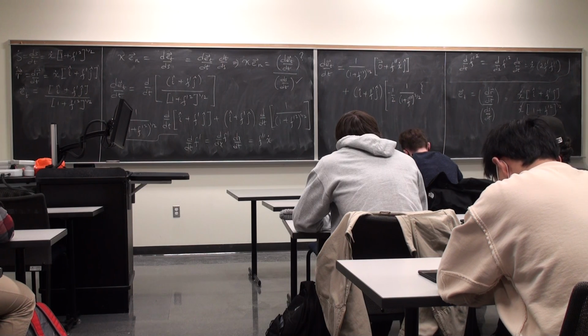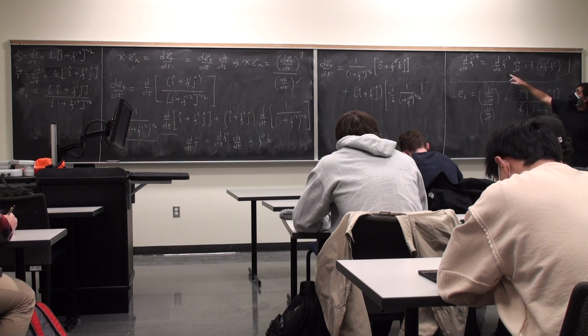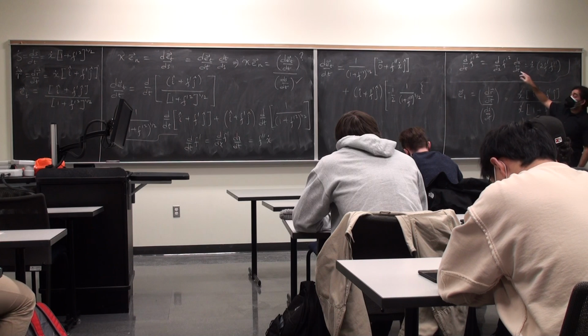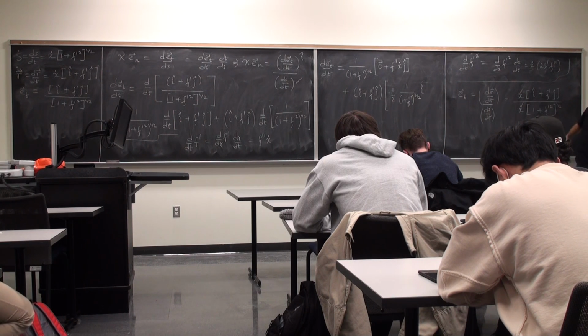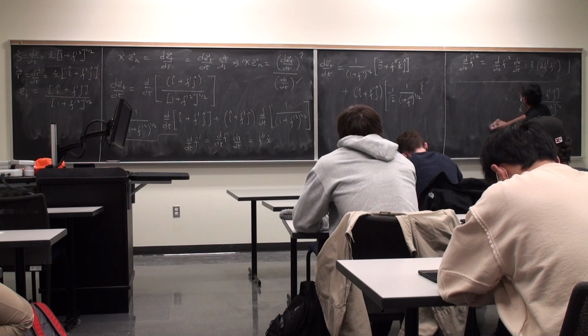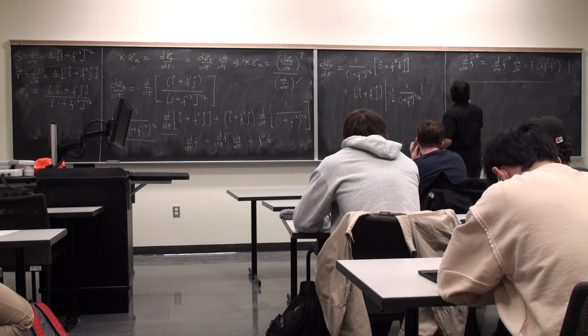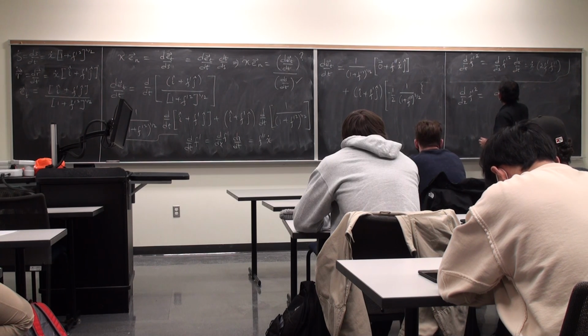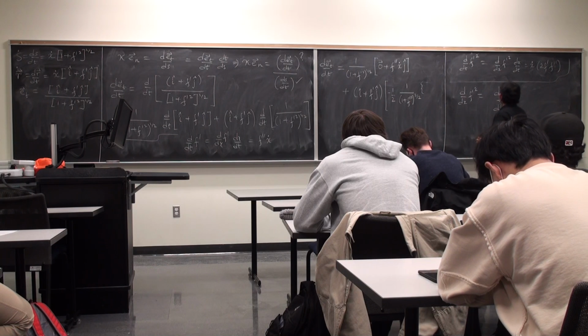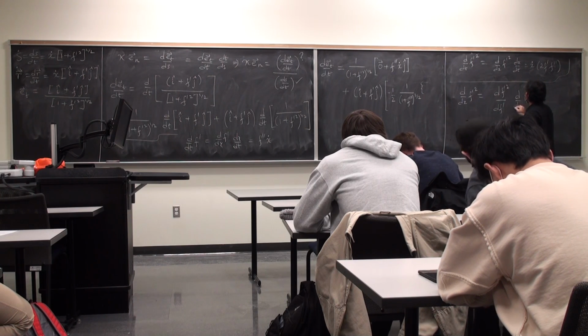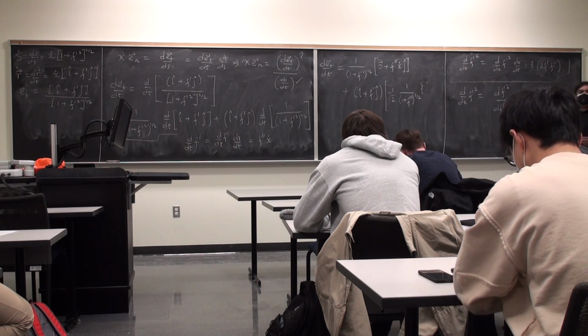I actually used two chain rules. The first chain rule was used here. The second chain rule was used when I differentiated f prime. So I should in reality have written this as the following: d by dx of f prime square is d f prime square by d f prime times d by dx of f prime.